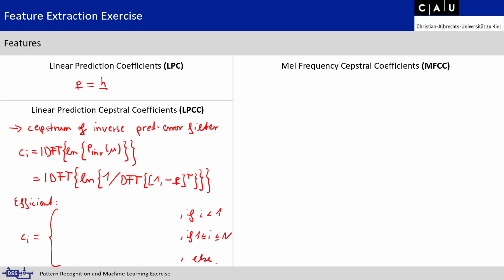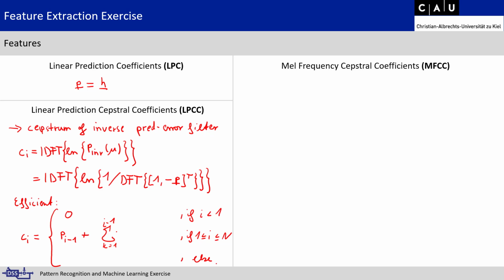We say in the first case, our features, they're 0. Then in the second case, we start with the prediction coefficient, but the index is decreased by 1. And then we have a sum. And this is actually a recursion, because we sum from k equals 1 to i minus 1.